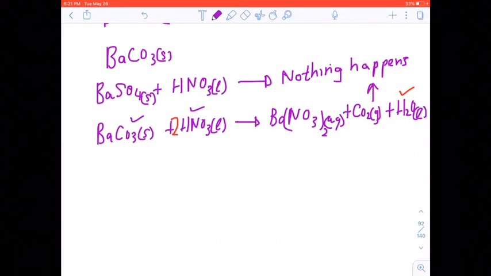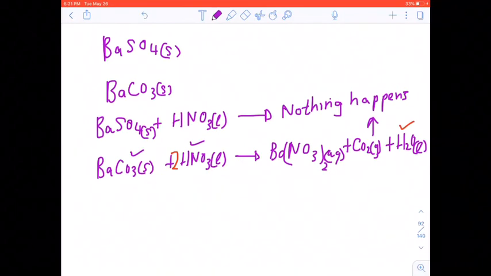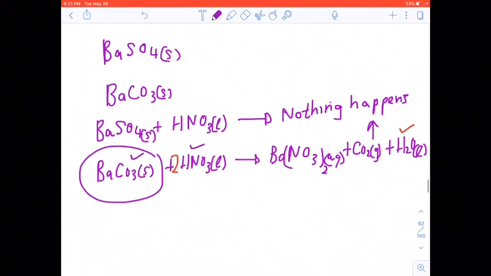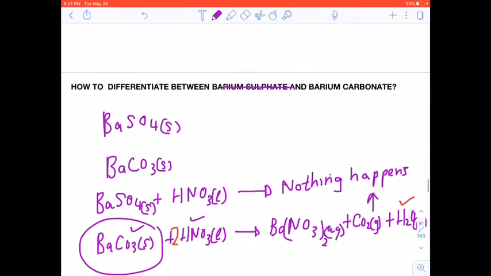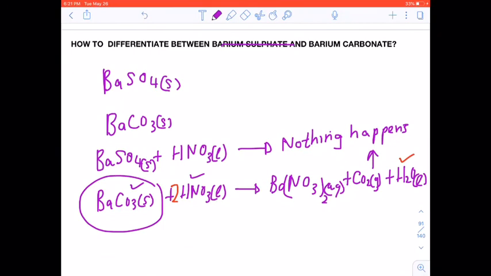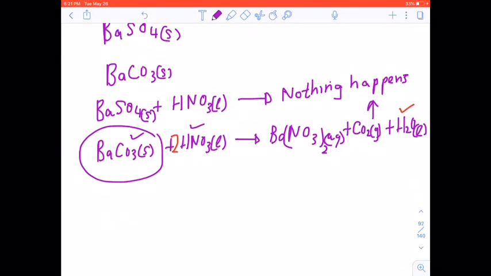But now, as you can see, when we have a carbonate, we've got carbon dioxide given off, and with a sulfate, nothing happens. So when you see carbon dioxide being given off, you know you're dealing with a carbonate.